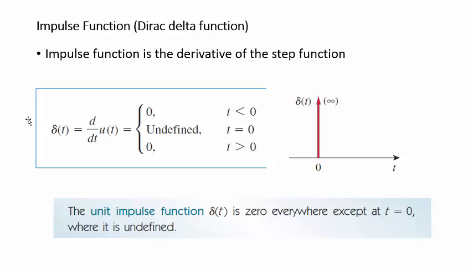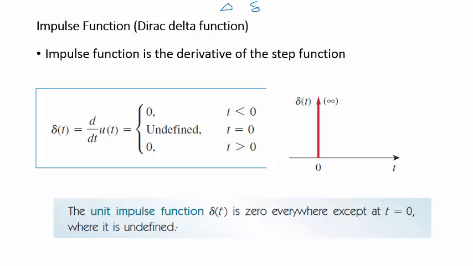An uppercase delta looks like that, but a lowercase delta looks like that. So this is a delta function, also a Dirac delta function, and this is how we plot it. It has infinite amplitude, because remember we are looking at a discontinuity of a step function. That's how we define it.